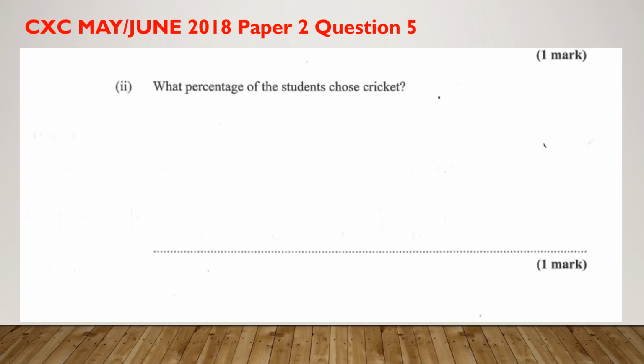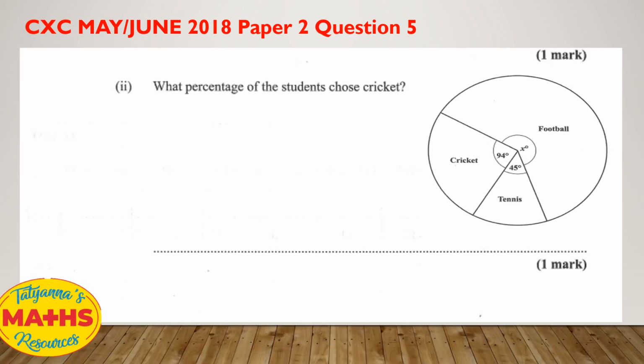What percentage of the students choose cricket? According to the diagram, cricket is 94 degrees. So we know it's 360 degrees, so it'd be 94 degrees over 360 degrees times 100 over 1.